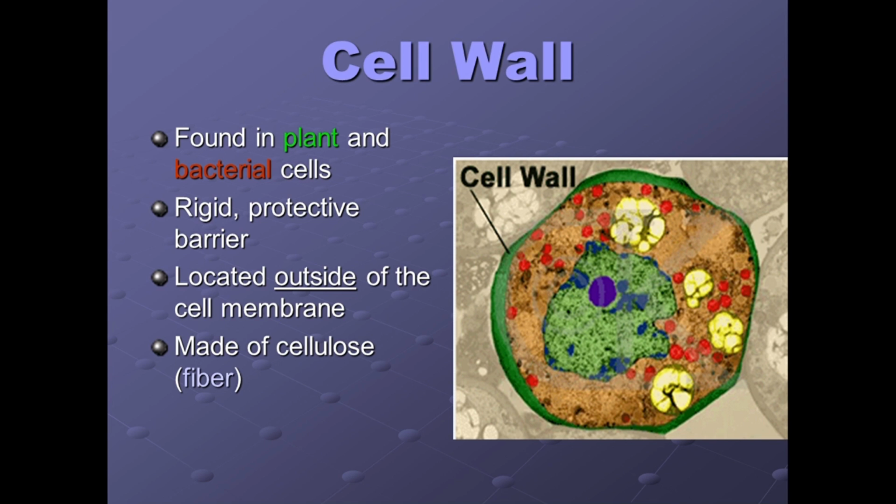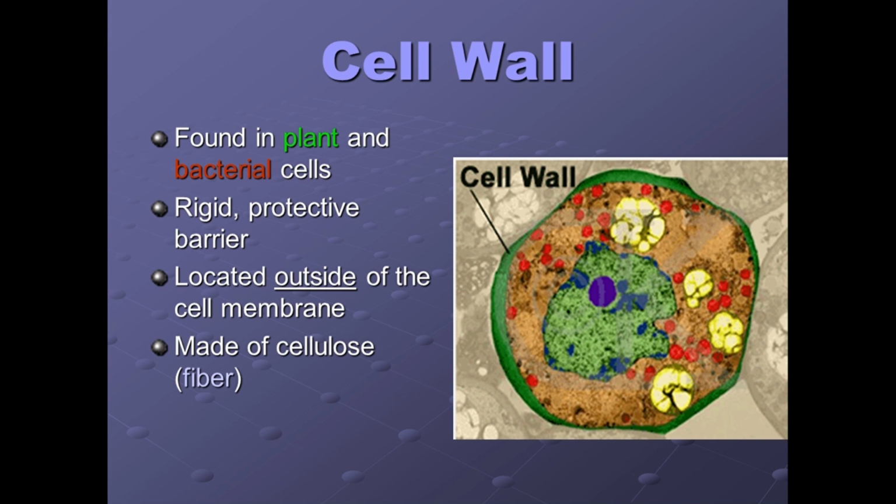The first component of the cell is the cell wall. The cell wall is found in plant and bacterial cells. Animal cells lack a cell wall. The cell wall is an elastic and strong coat around the cell membrane.